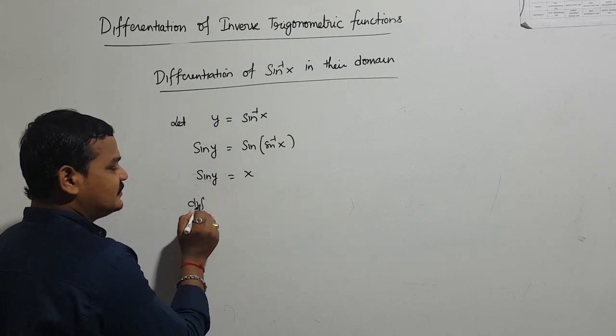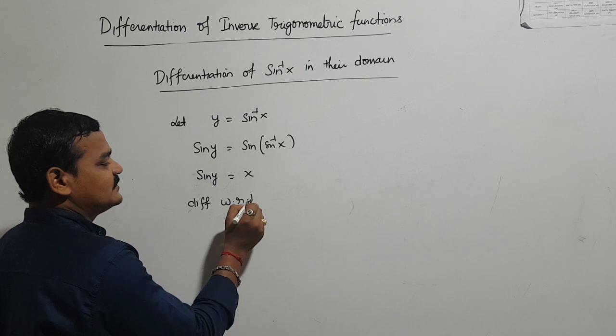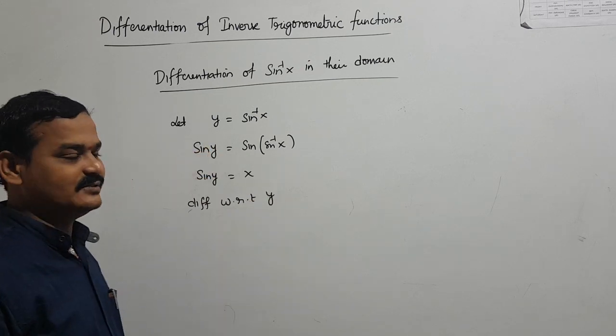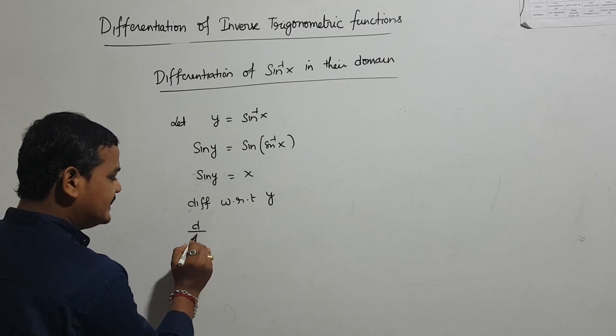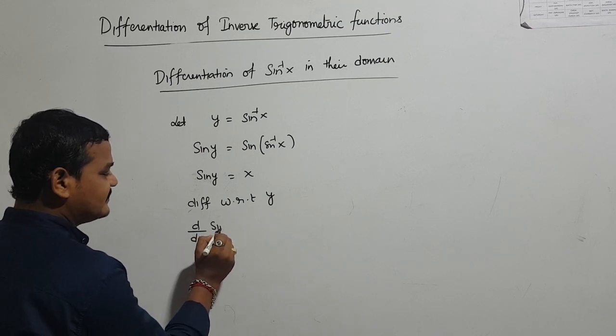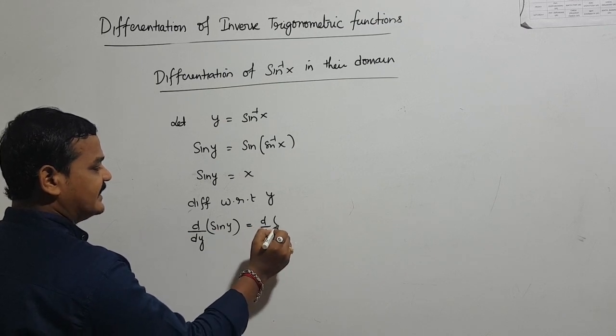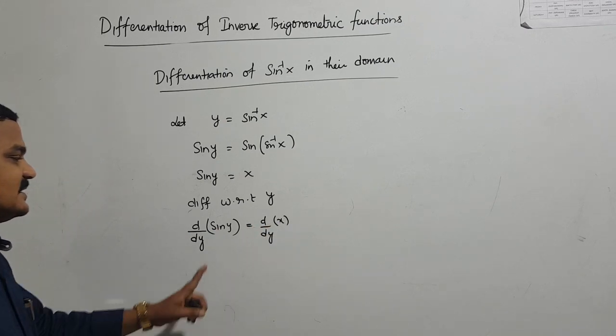Now I am going to differentiate with respect to y or x. Differentiation with y you do it. So that means d by dy of sin y is equal to d by dy of x. So what is the derivative of sin y?